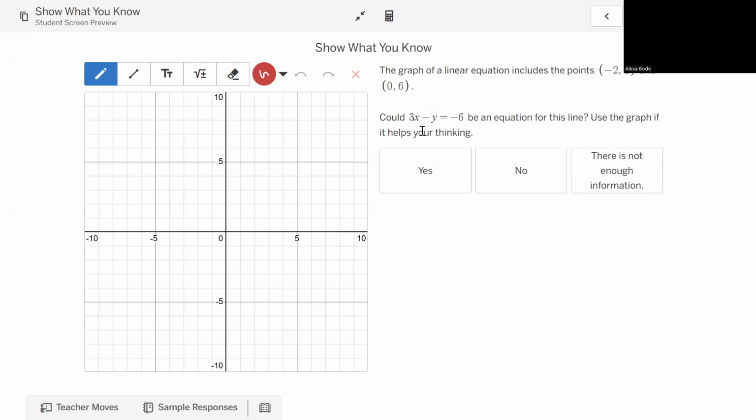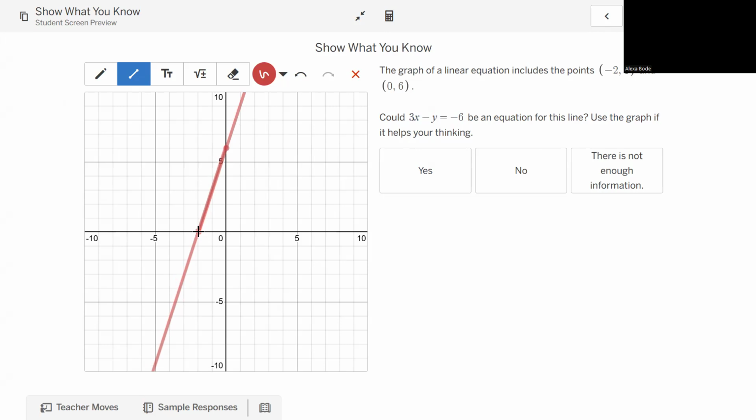You don't have a graph, but basically what this is saying is I'm giving you a graph that has the points negative 2 comma 0 and 0 comma 6. So we're looking for a line that goes through these points here. And then it's asking, would this equation work?